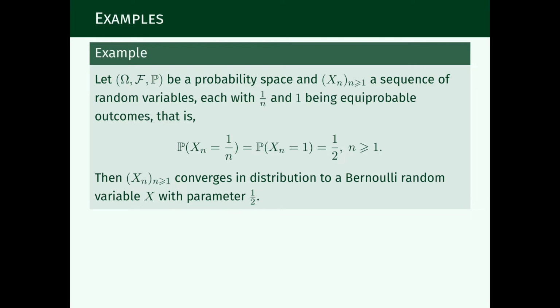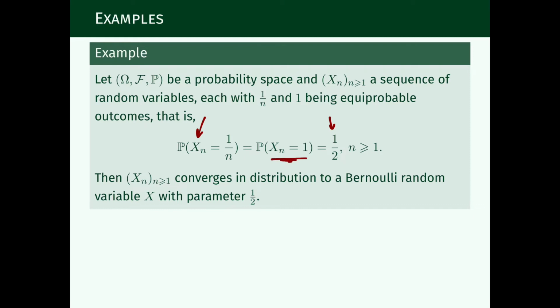Here's another example to illustrate why we do not require convergence at the points where the cumulative distribution function of the limiting variable is discontinuous. And here's a very simple example. What is Xn? We toss a fair coin, and if it comes up heads, which has probability 1/2, we declare Xn to be 1.